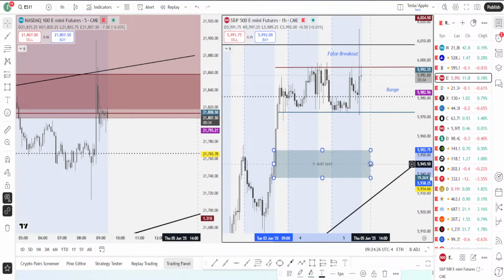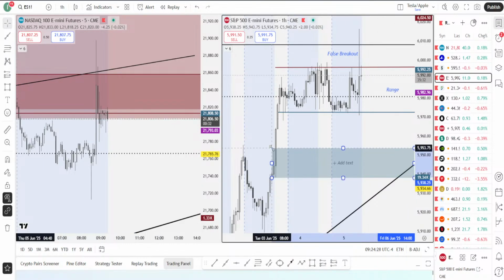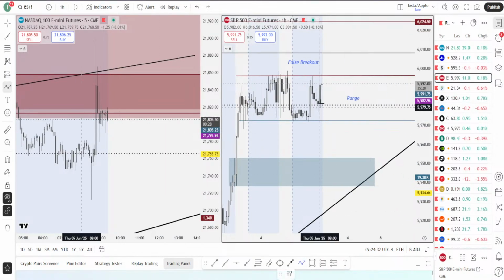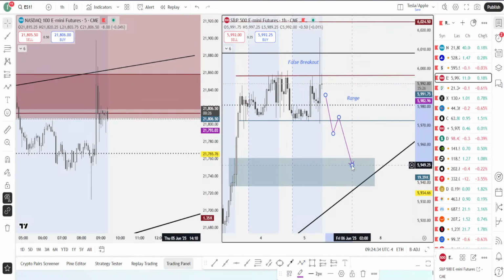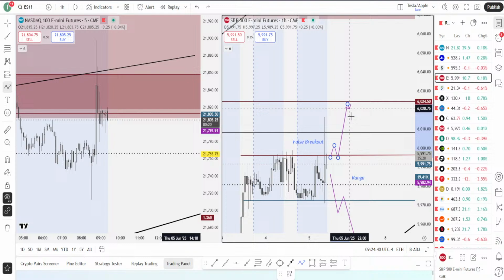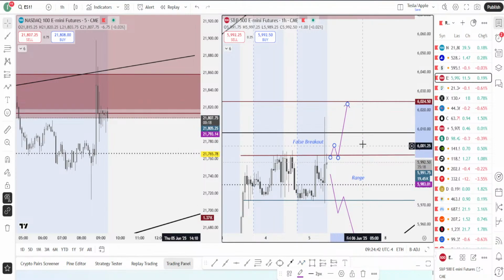We got an order block here. Could be seeing a break below, or we could be going higher here, break above, something like that.